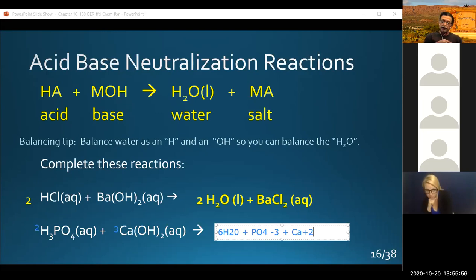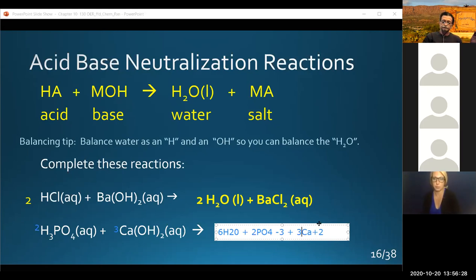So now I have to put calcium and phosphate together. Guess what we have here again? Another -3 and +2 combination, right? And so I need a common factor like we've been doing. So I need 2 of the phosphates and 3 of the calciums to write that formula down.